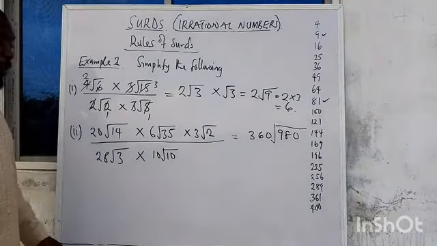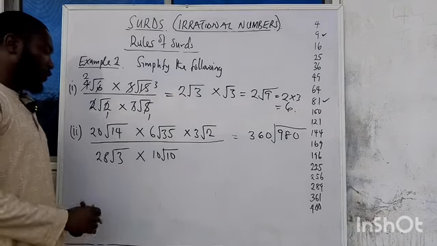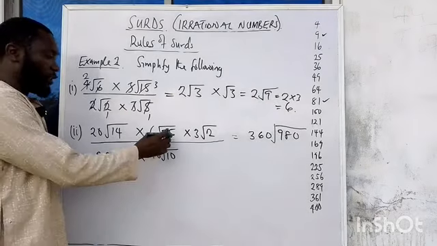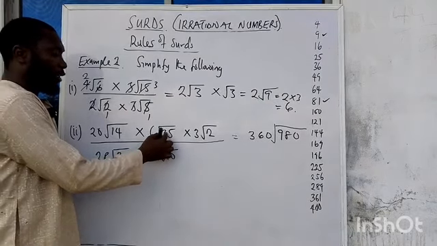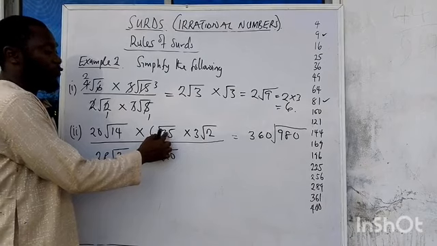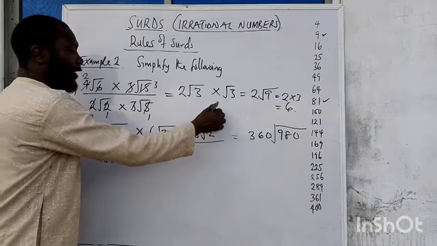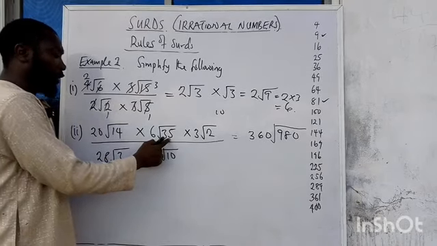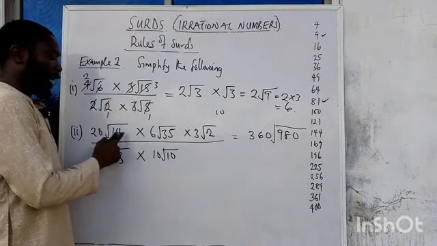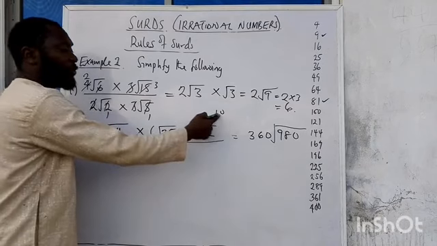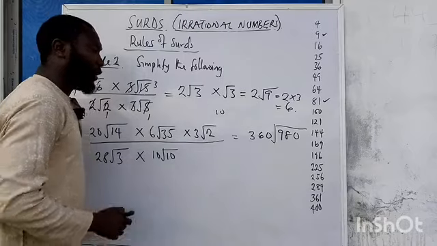I just multiply my own way, so you can also do in your own way too. So what I really did here, this is 7 times 5. So 5 here multiplied by this, that is 10. I have 10. I have 7 here. 14 times 7 is 98. 98 multiplied by 10, and that's how I got my 980.